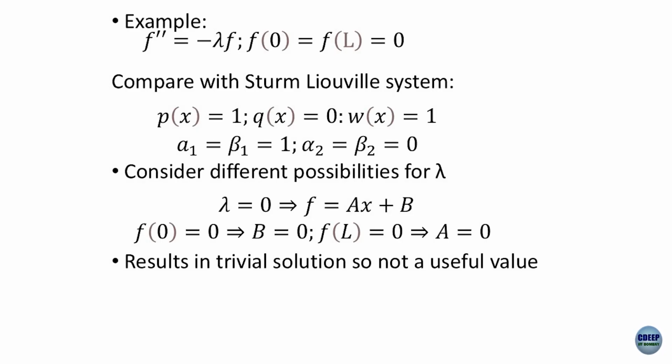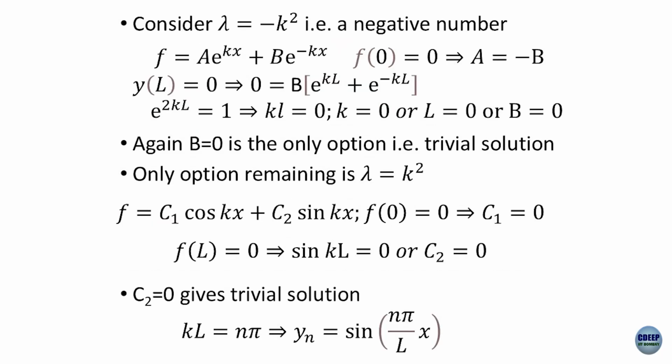Now we have used the other equation, which is the x direction. That's why we did this algebra. So we showed that this is going to end up in a trivial solution. Similarly, for lambda equal to minus k squared, the function is going to end up with exponentials, and those also are going to tell us that lambda equal to minus k squared ends up in a trivial solution.